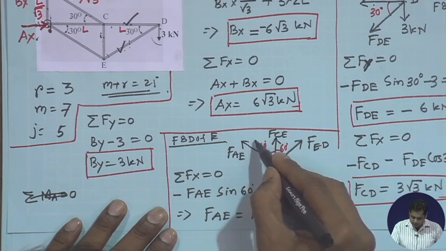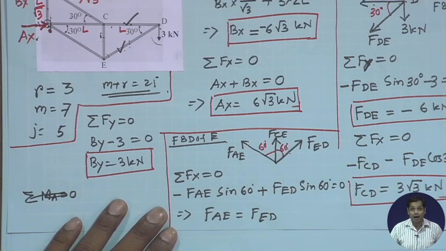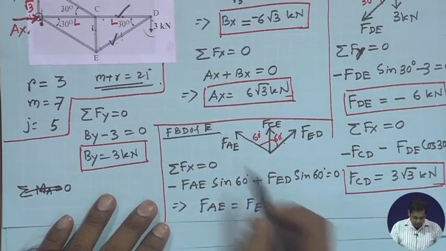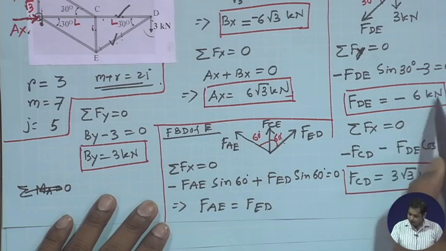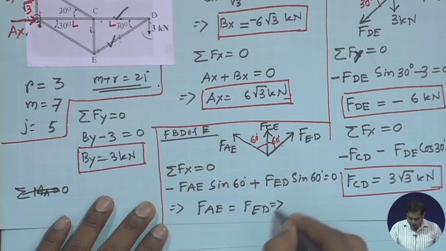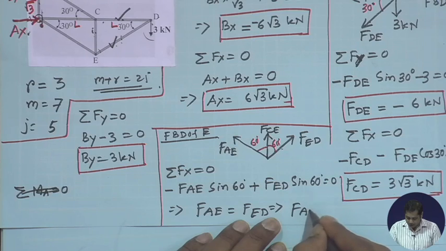So forces in this member and forces in this member are same, okay. Now FED is already determined, minus 6 kilonewton. So we can write FAE is equal to minus 6 kilonewton, okay.